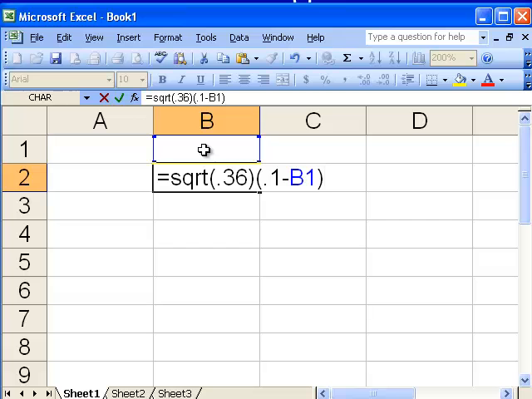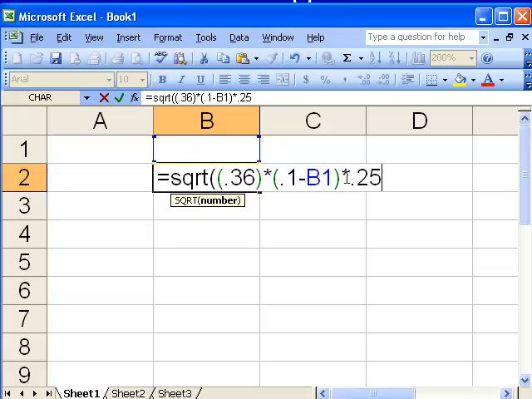And I suppose we could divide by 4, but let's put a times here. I guess I have too many parentheses. Put a parentheses here. All right. 0.36 times 0.1 minus x, that's that cell up there. Let's just multiply by 0.25, and there it is.